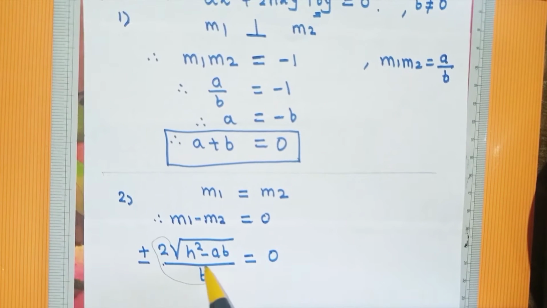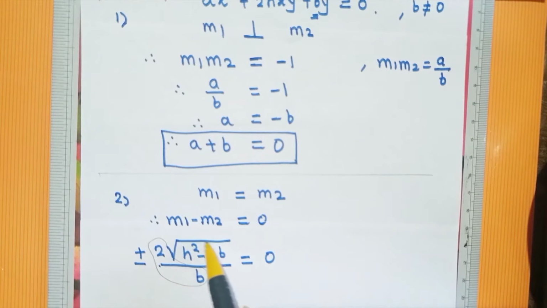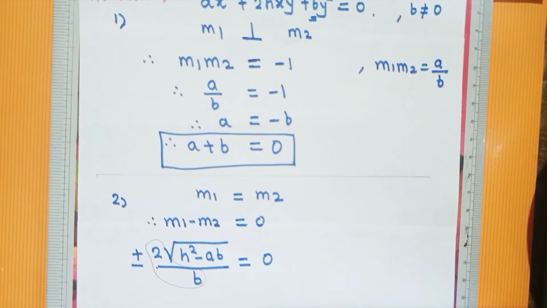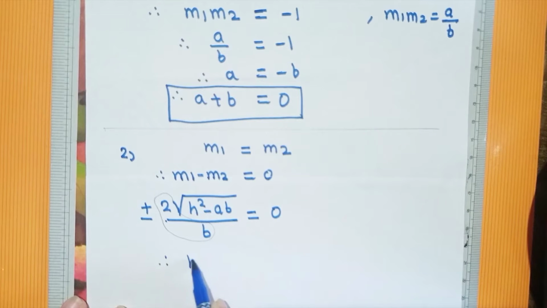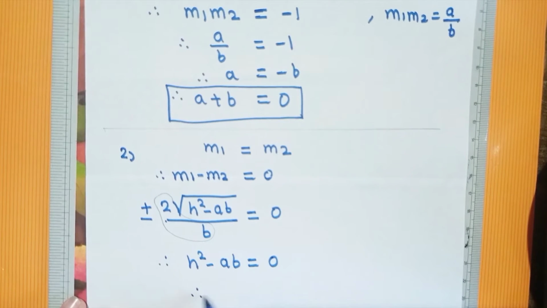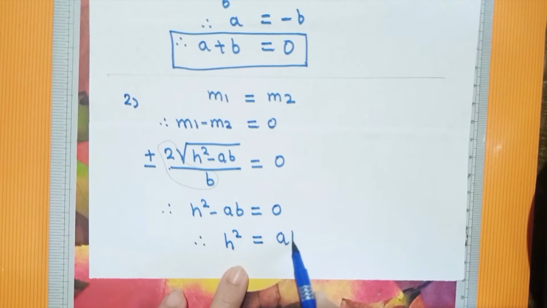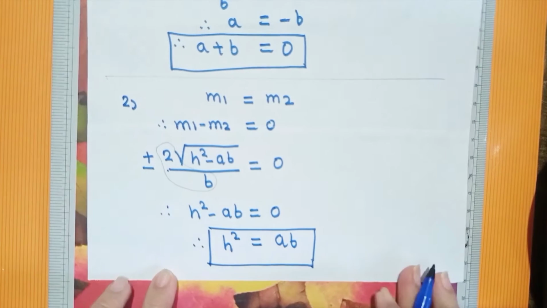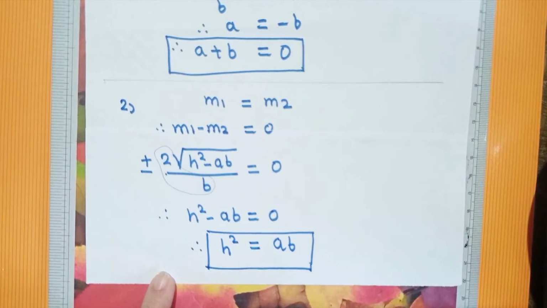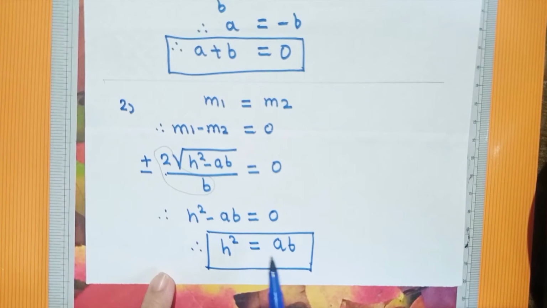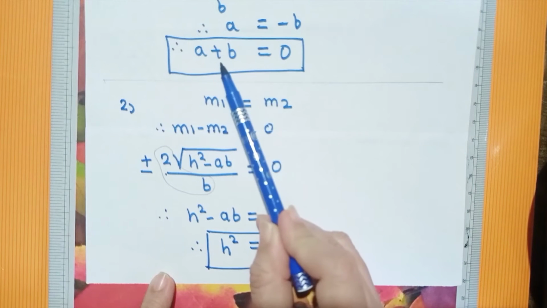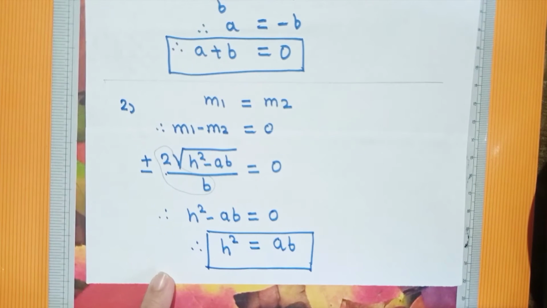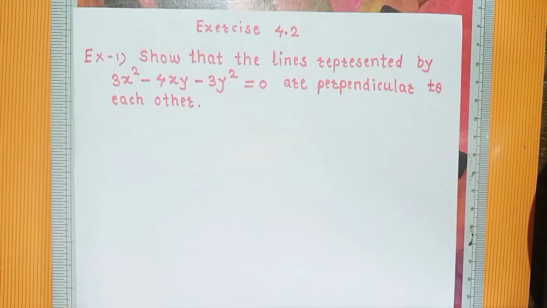Now move this term to the right hand side, and so we have simply h square minus ab equal to 0, and therefore we can write h square equal to ab, then the lines are coincident. This is the most important condition. So again remember, if h square equal to ab, then lines are coincident, and if a plus b equal to 0, then lines are perpendicular.